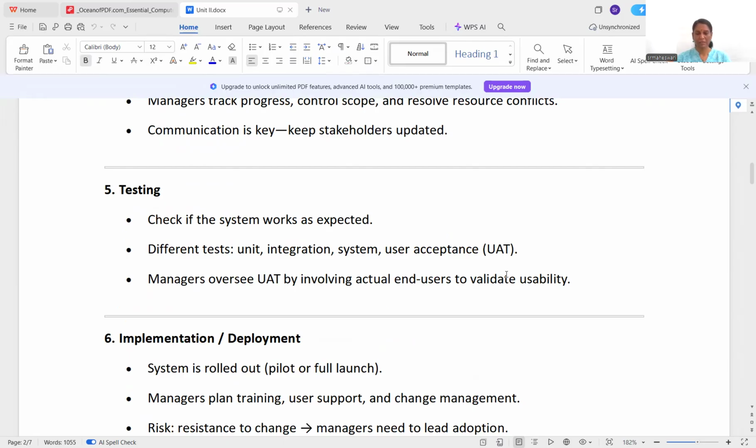On the testing side, they check whatever was specified in the outputs, whether it is completed or not, whether the end users are happy with it and find it easy to access, and what environments it can connect to. Next, they will go for deployment.